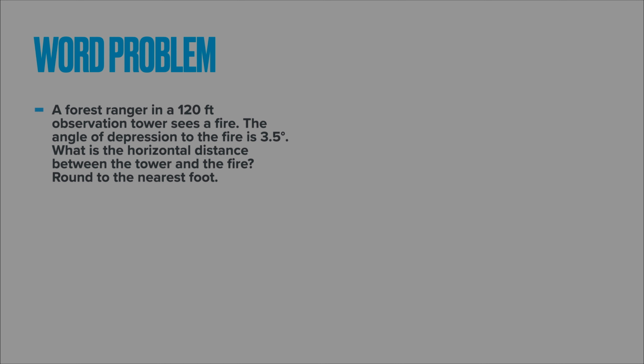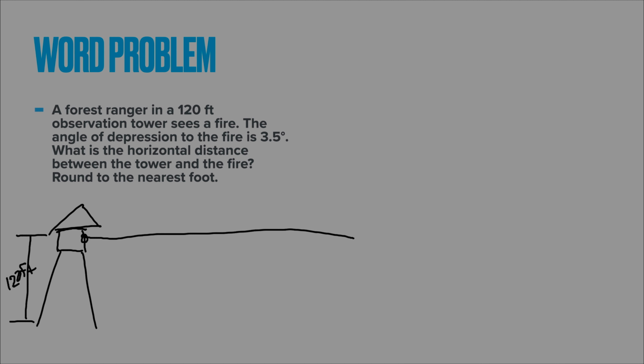So we have our tower over here, and we know that the distance to the tower, at least to where this person is, is 120 feet. And this person is looking out, and he looks down and he sees a fire. Oh no, the fire.